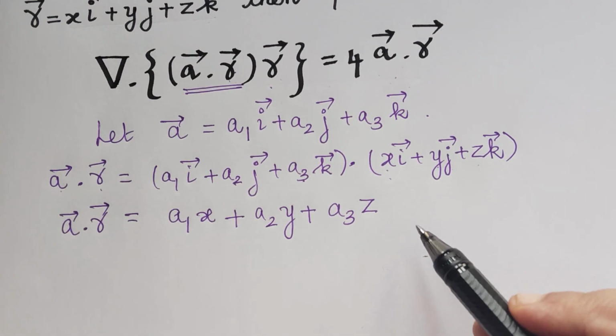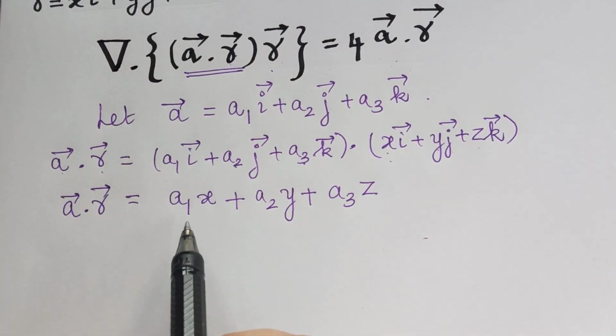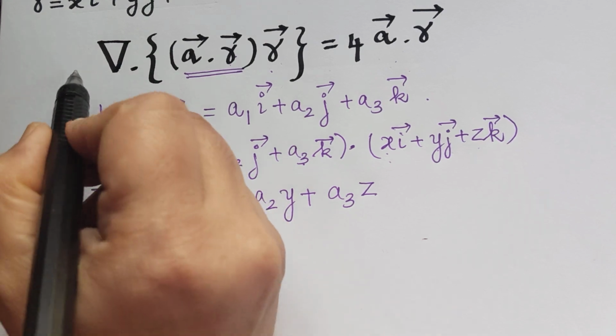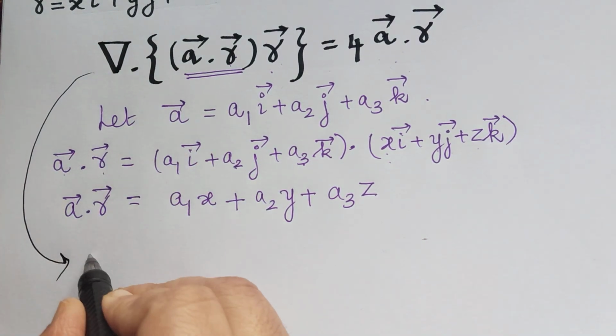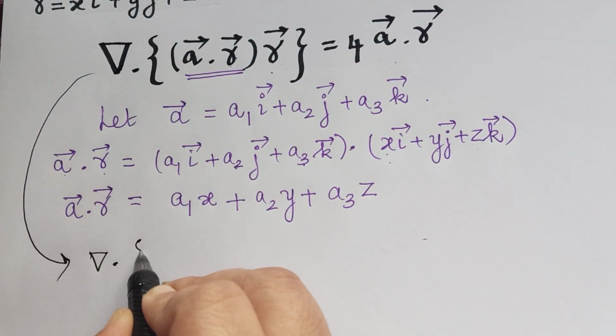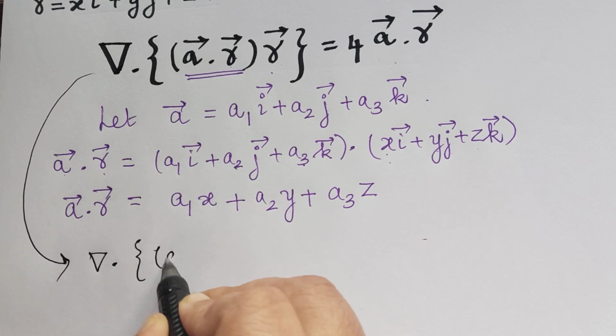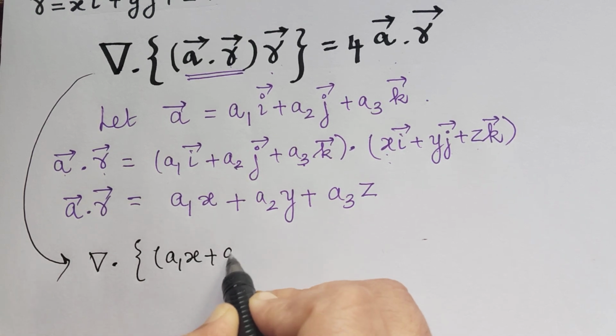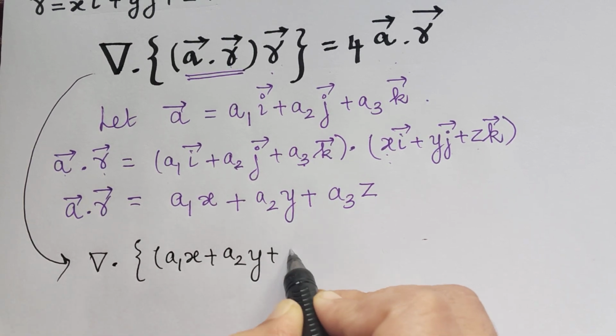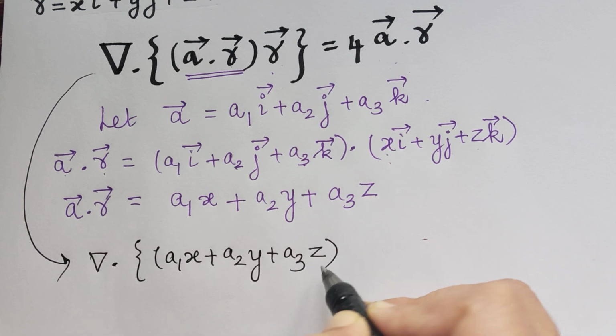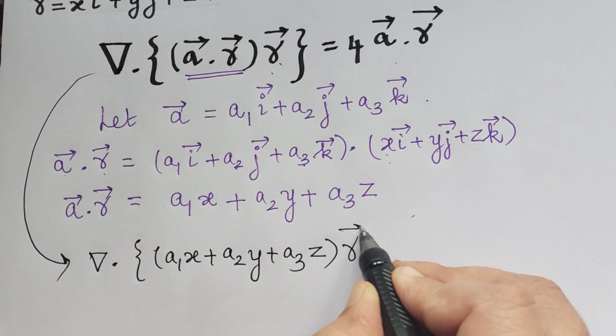After finding A vector dot R vector, we shall substitute this over here. So this is what we have to find. So gradient of A vector dot R vector multiplied with R vector is (A1x plus A2y plus A3z) multiplied with R vector.